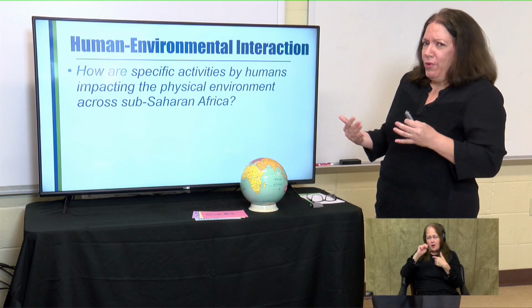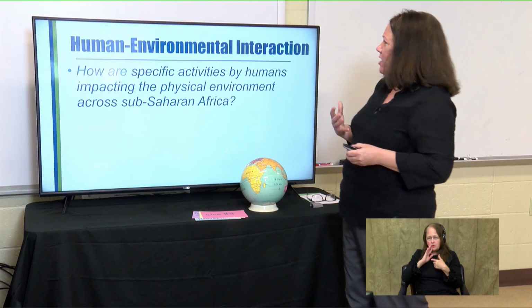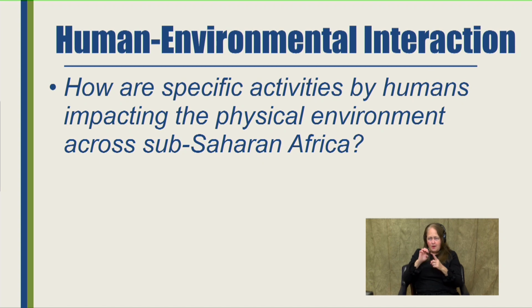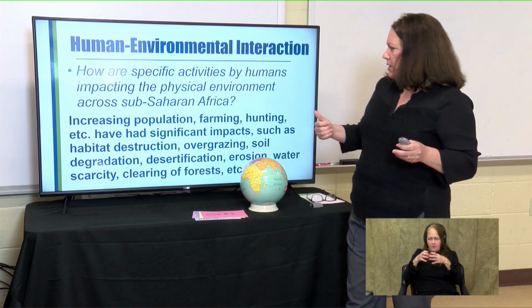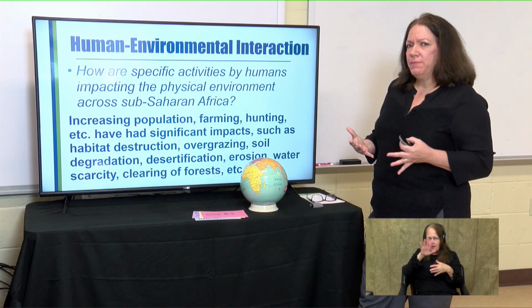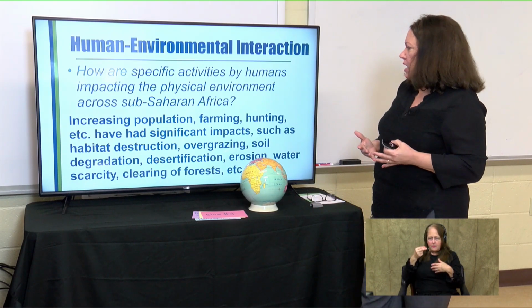So, I think we've talked a few times about human-environmental interaction, specific activities by humans that are impacting the physical environment across sub-Saharan Africa. Can you think of some of those things that we've mentioned already? So far, we've talked about increasing population. Africa has the highest population growth of any continent.